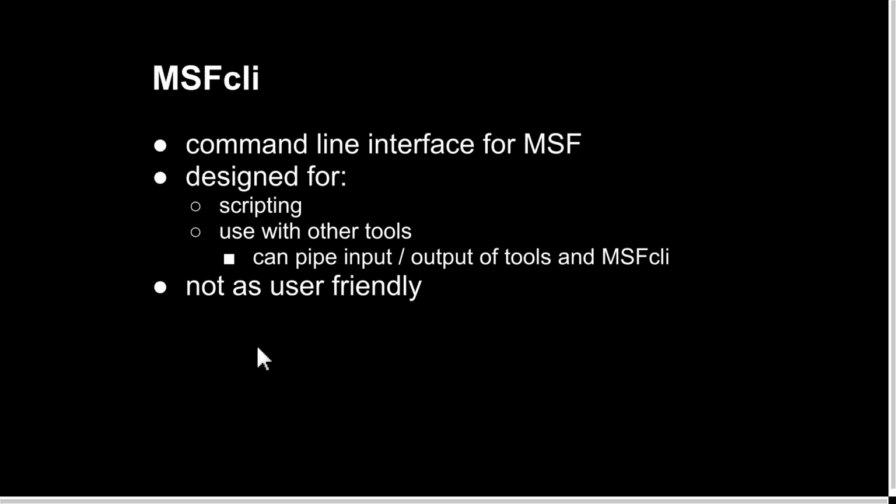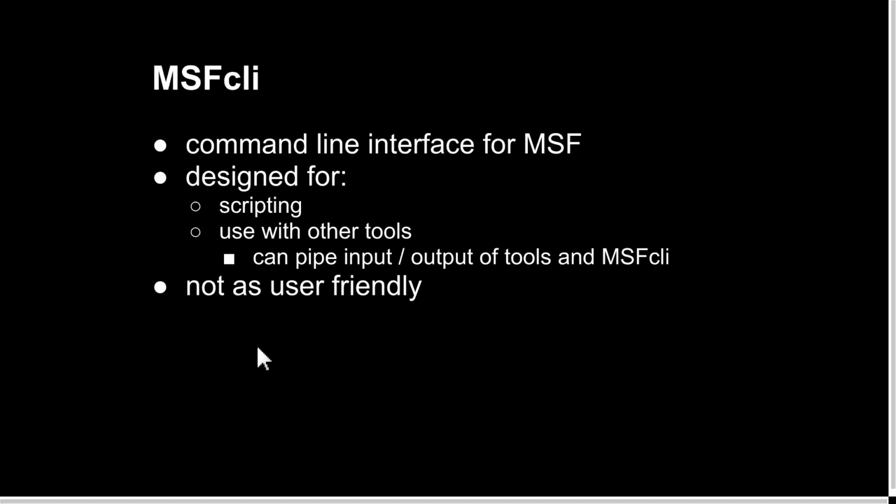So the second interface to Metasploit is something that's less interactive. It's more of a one-off thing, and it's just a single command line interface for Metasploit. It was designed mainly to provide scripting, so you can script many of the functionalities of Metasploit into various other tools, exploits, your own custom exploits.